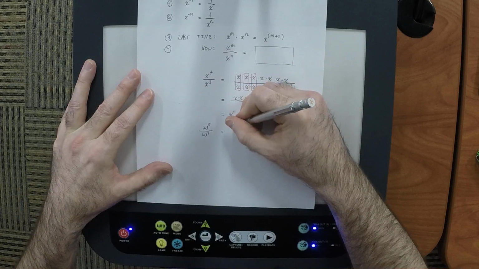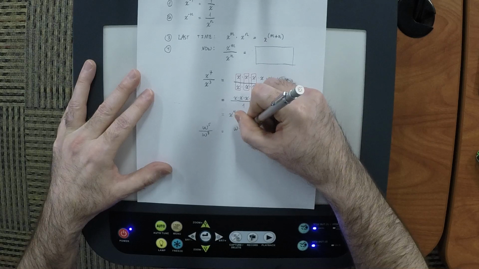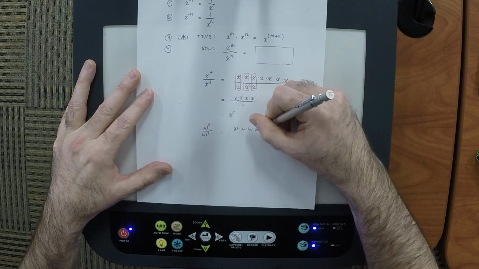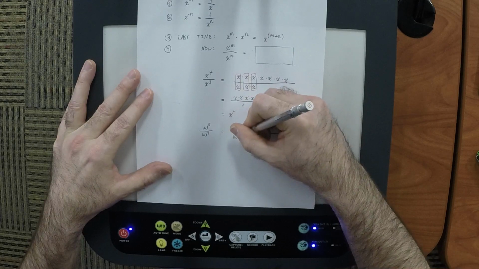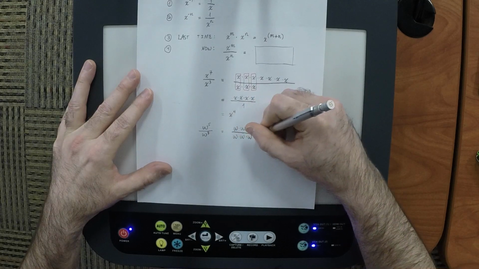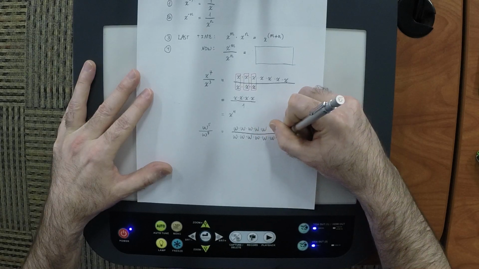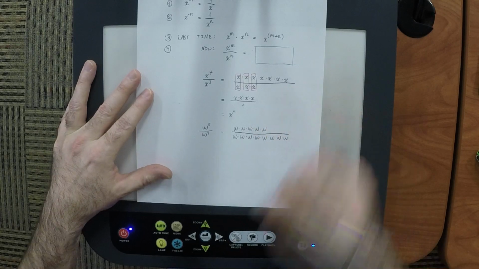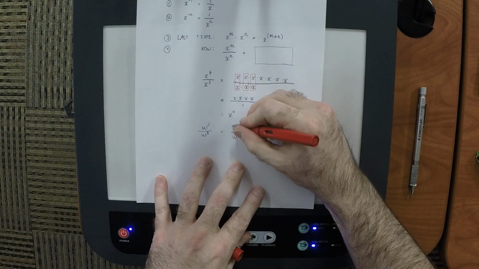Using the same strategy, this is a group of 5 w's all multiplied together in the numerator, and in the denominator a group of 8 w's all multiplied together. And then, oh look, they pair up.